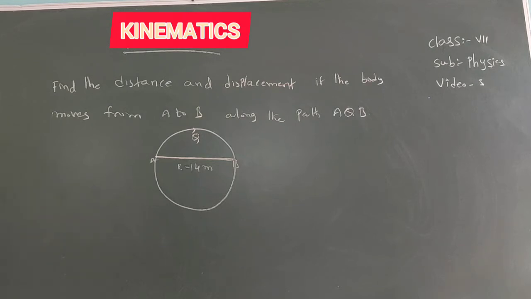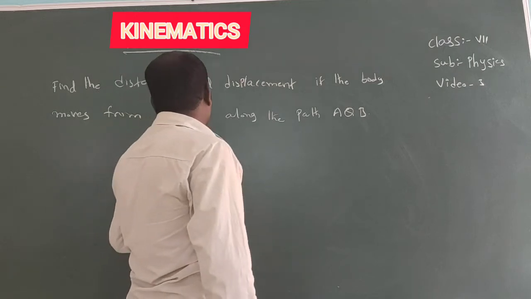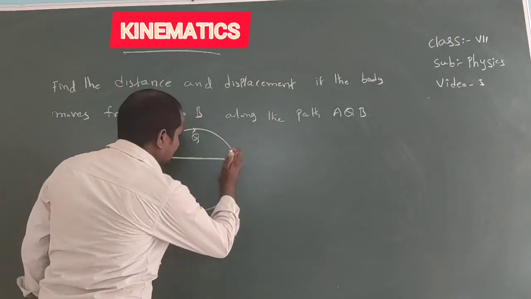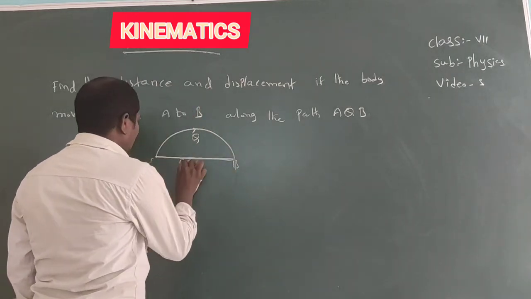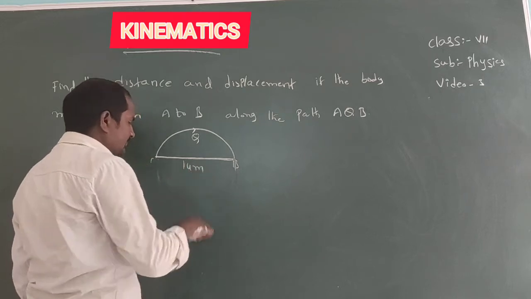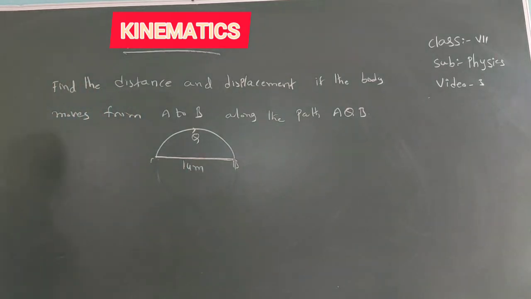So A to B equals 14 meters. The body is moving in a semicircle. If radius equals 14 meters, then find the distance and the displacement.